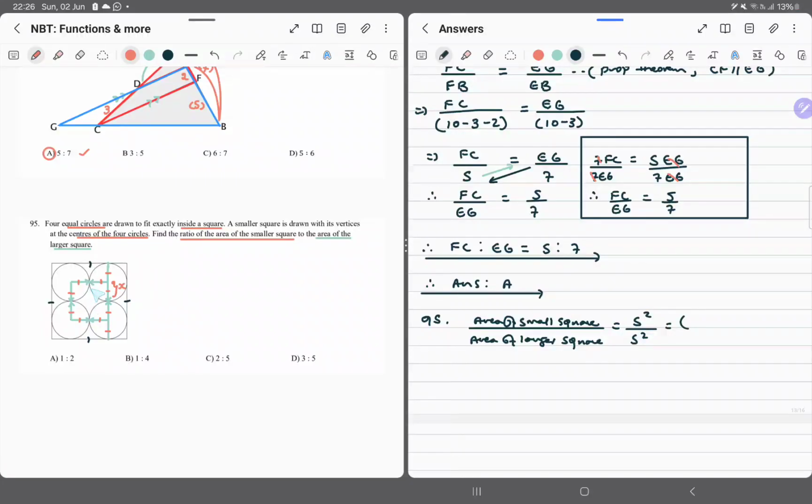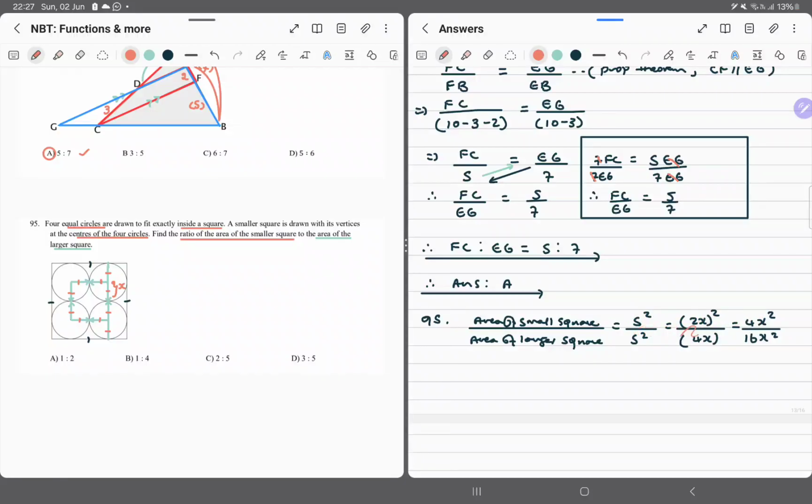But now what is s here? You see the side of this square includes 2 equal radii, so that's going to be 2x squared over. Now again, this is also a side squared, but now do you realize how many radii make up that side? 1, 2, 3, 4. So this is 4x. So this is going to give us basically 4x squared over 16x squared.